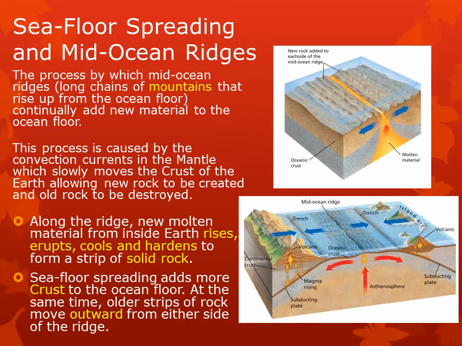So along this ridge, along this mountain chain at the very bottom of the ocean, new molten material from inside of the earth rises, it erupts, and because the ocean is very cold, that molten material cools and hardens and forms a new strip of solid rock.